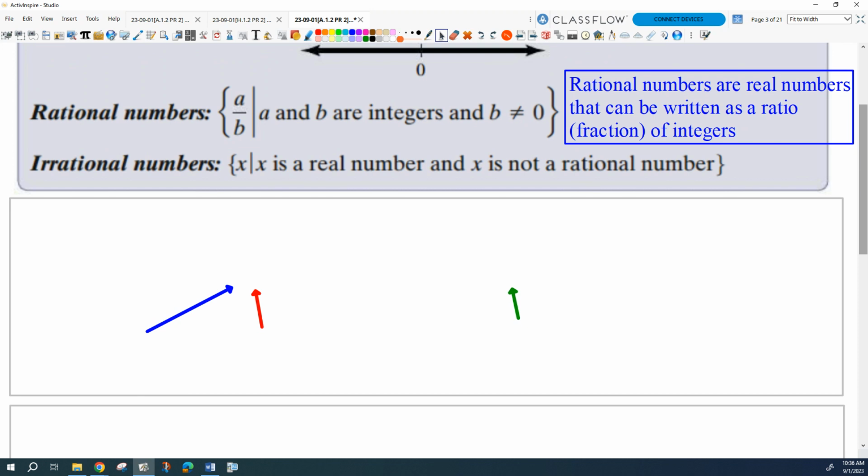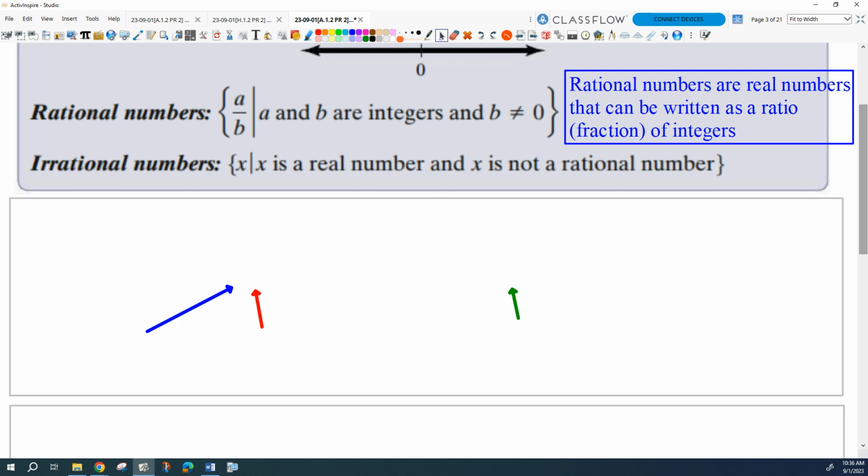Such that, okay, good. A and B are integers, and B is, that symbol is not equal to, right? Anytime you take a normal symbol and you put a slash through it, you're just adding the word not to it, right? So instead of equal to, now it's not equal to, okay? What's that mean? The set of all A over B such that A and B are integers.